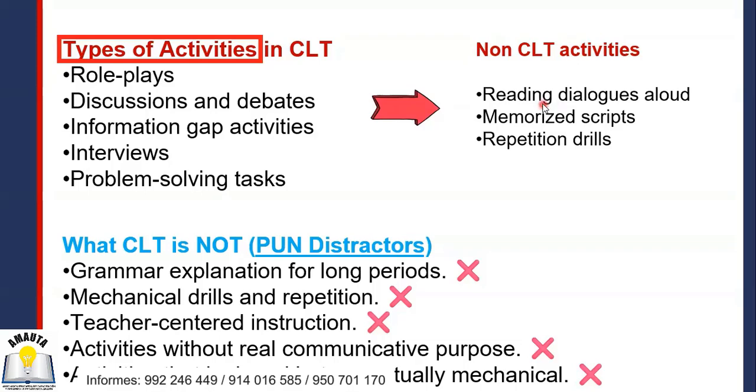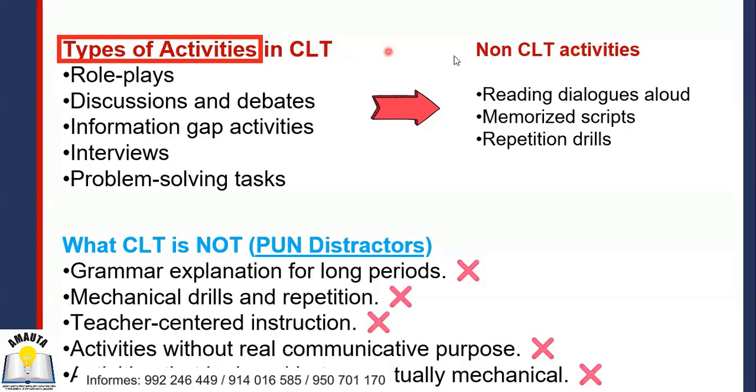They are not using language in a practical way, right? Here, they are just reproducing something, right? When students read dialogues aloud, this is not CLT, right? When students memorize a script, when students repeat drills, these are not CLT activities.